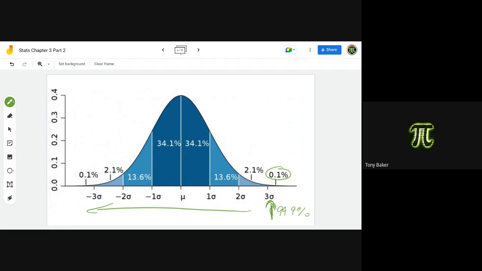So if I'm right there, I'm higher than 99.9% of all people. If I'm 2 standard deviations away, if I'm right here, I'm actually at, was it 97.8%?